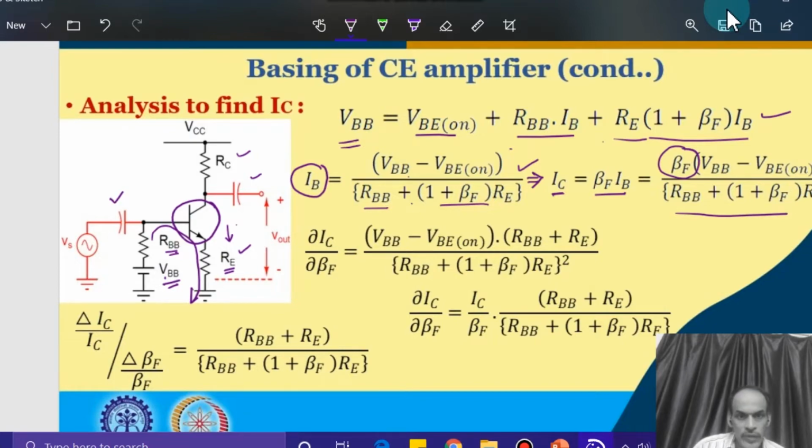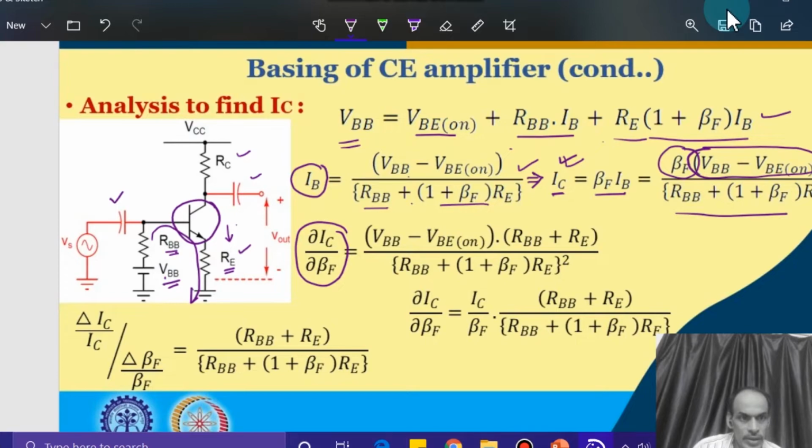Now to find the sensitivity of this collector current to the beta variation, we can take the partial derivative of this equation with respect to beta. So we take dou IC divided by dou beta, assuming that this factor has practically no dependency on the beta variation.